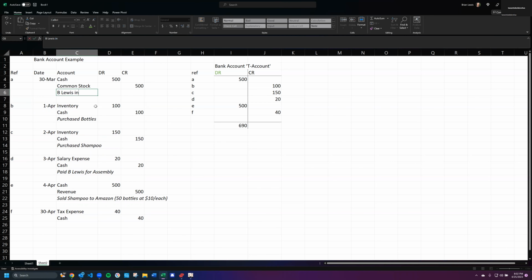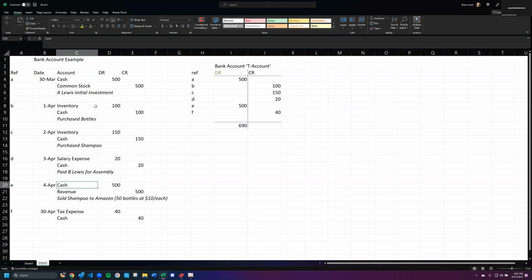B. Lewis invests. Actually, let's do this. This is my son's business, so A. Lewis investment. I'll call that the initial investment. Okay, and italicize that. There we go.